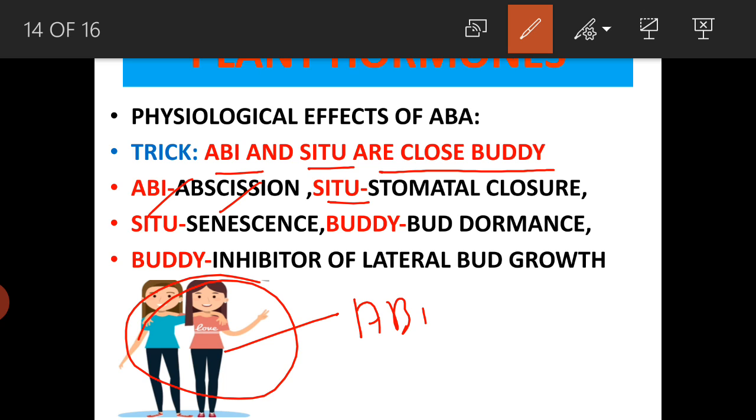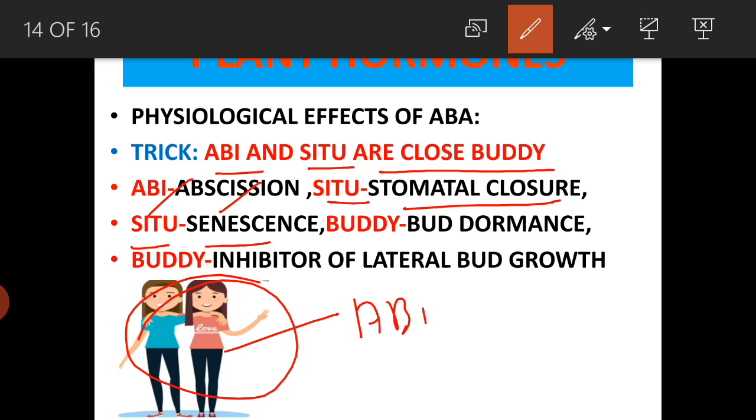And Sintu here, stomata closure. When abscisic acid is produced, the stomata will be closed. And the next one, again Sintu, refers to the senescence process, that is decolorization of the green color and converting the leaf into yellow color.